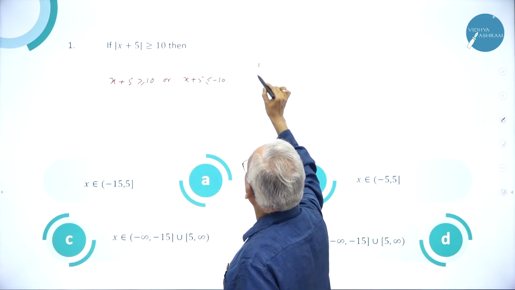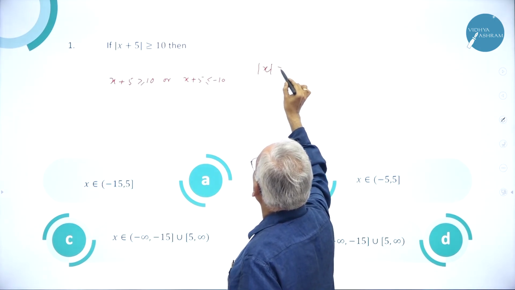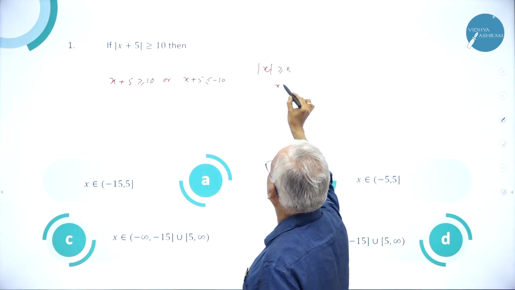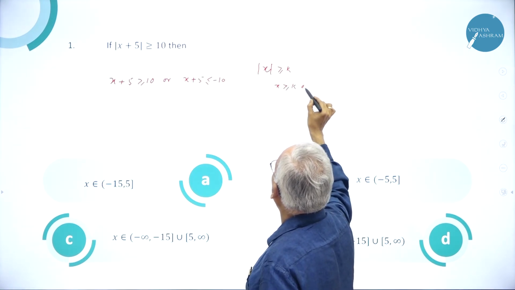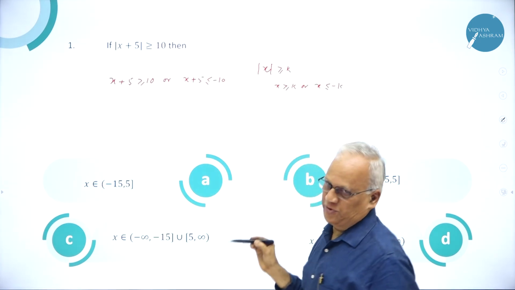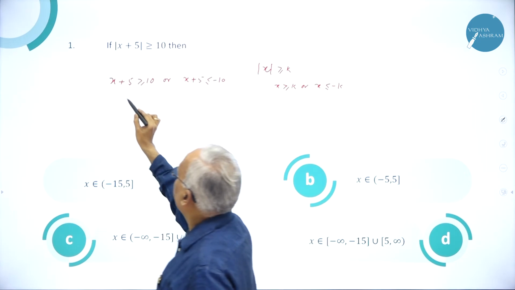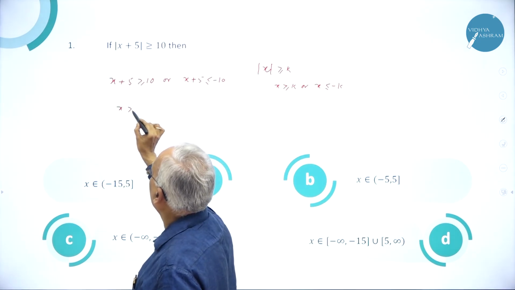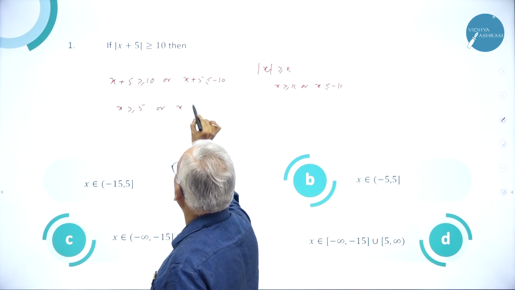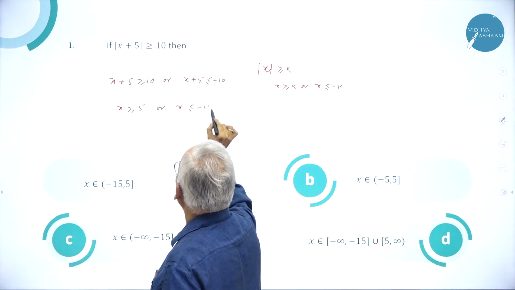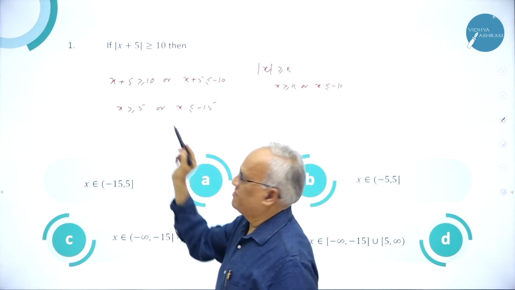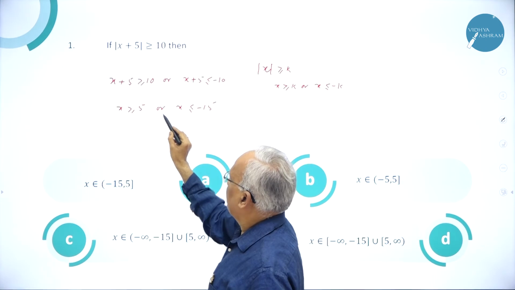So mod x is greater than or equal to some positive number k means x is greater than or equal to k or x is less than or equal to minus k. This idea I use. This implies x is greater than or equal to 5 or x is less than or equal to minus 10 minus 5, which is minus 15. 10 minus 5 is 5. So it is union of these two.